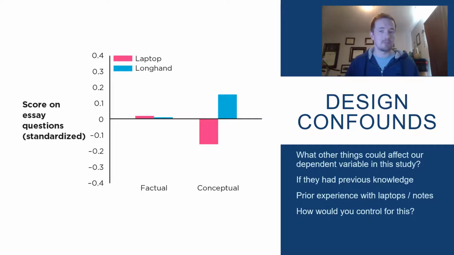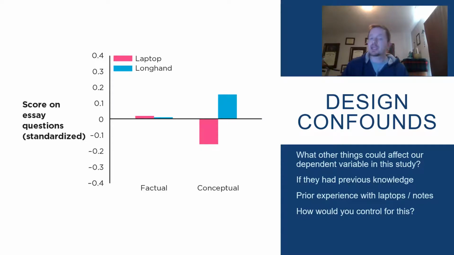Probably not, right? We didn't ask them, hey, did you see this TED Talk before? Do you already know this information? That is information that could possibly affect the results here, right? If you have a group of people who go in there and they've all seen this TED Talk before, you can bet they're going to do better on this, right?